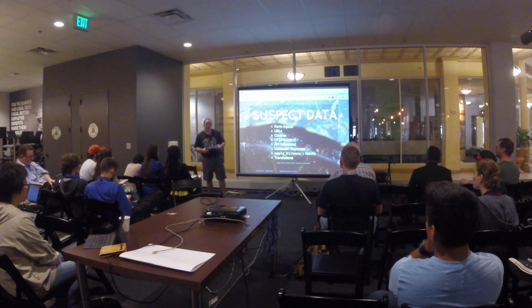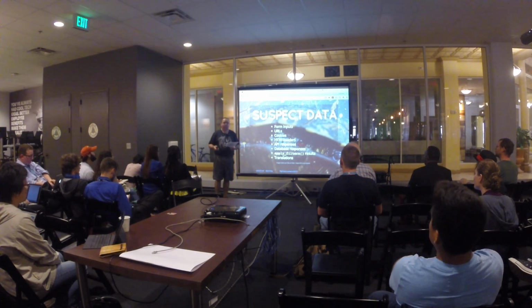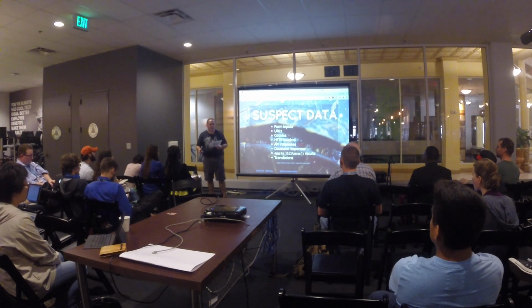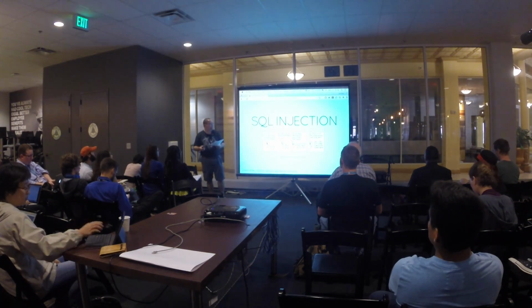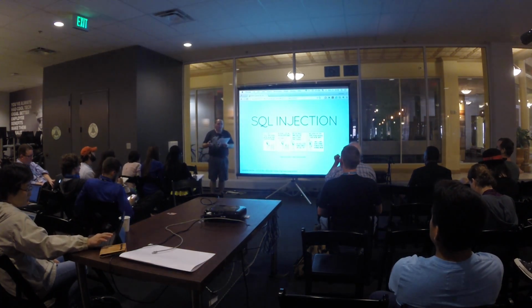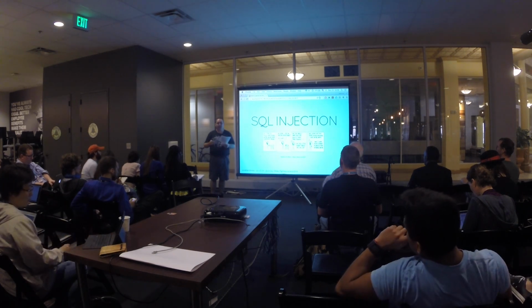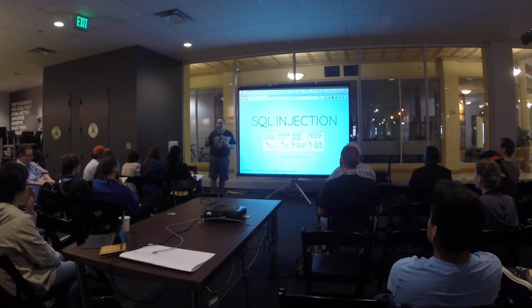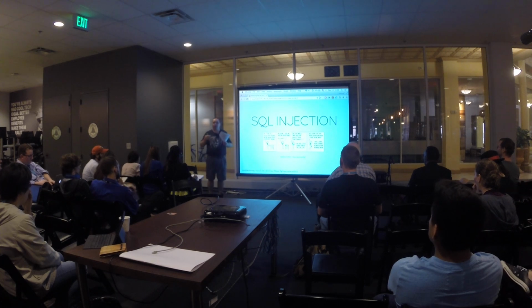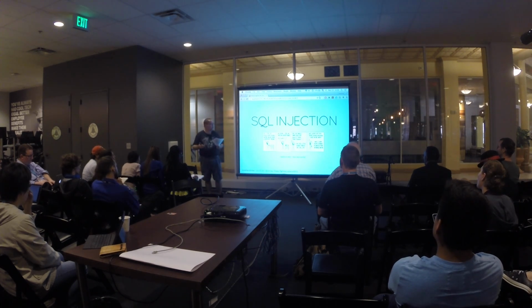Now I'm going to talk about a few major classes of security vulnerabilities. First one we're going to mention is the SQL injection. SQL injection is basically allowing a user to submit data whereby they execute an arbitrary query against your database.